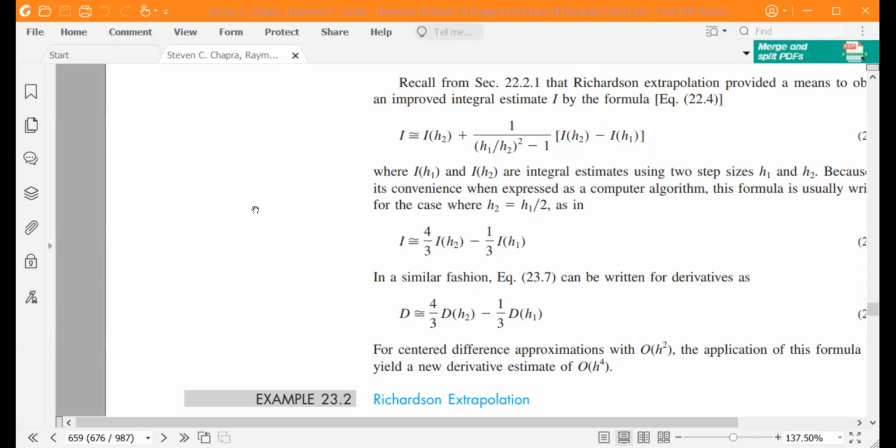But let me just discuss a process of refinement of the numerical approximation of differentiation.